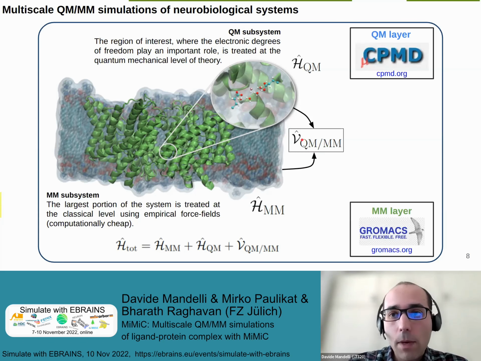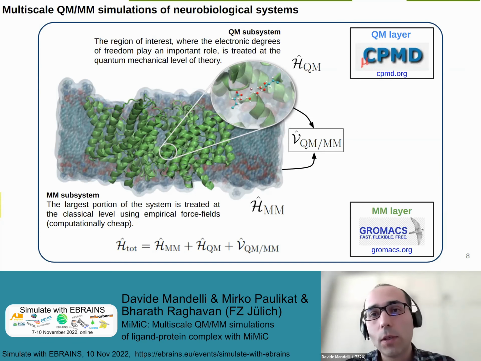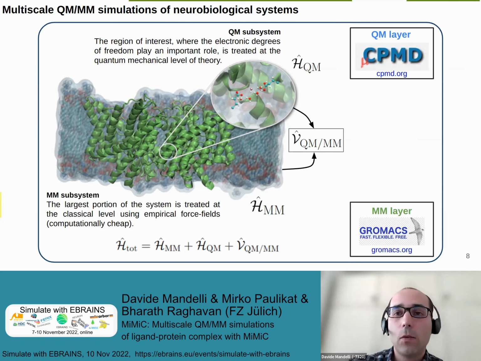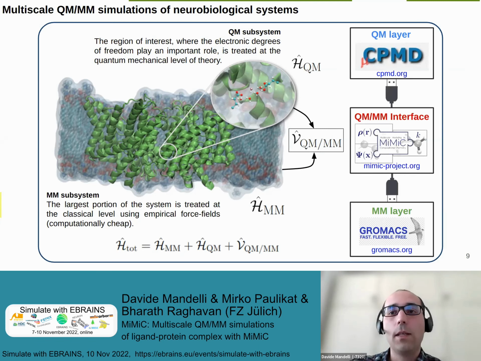In QM/MM simulation, the usual approach is to adopt different software packages to compute the quantum mechanical interaction and the MM interactions, and to couple them through an interface that takes into account the mutual QM/MM interactions.